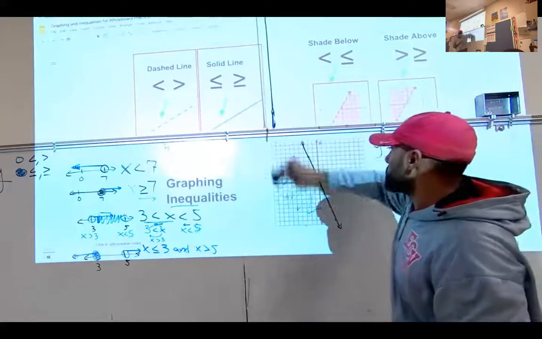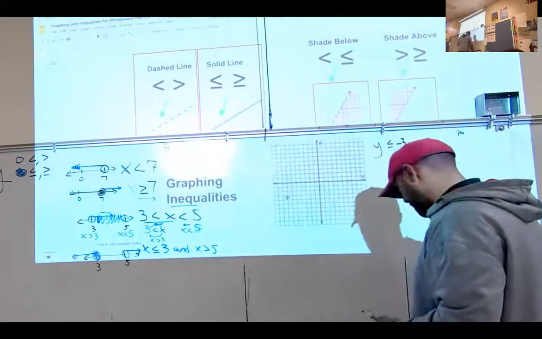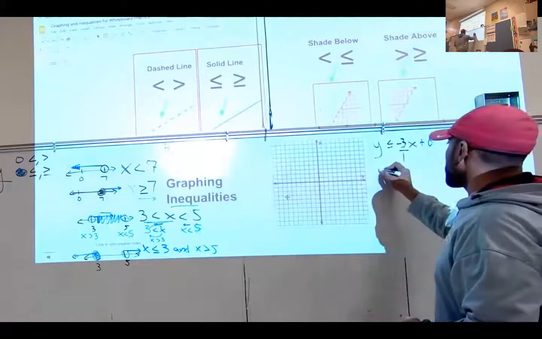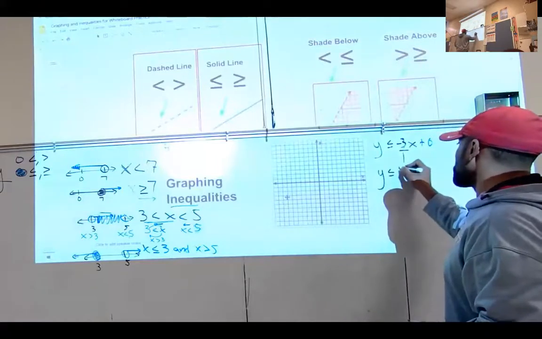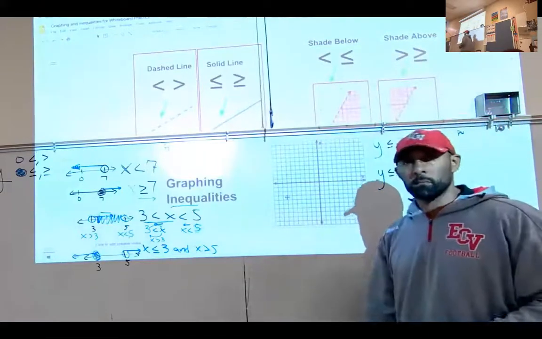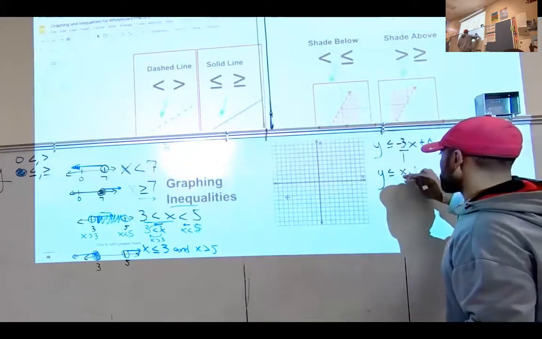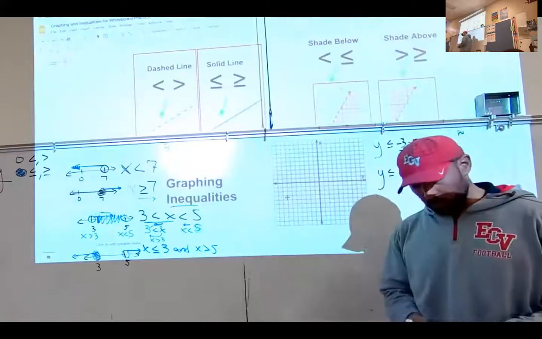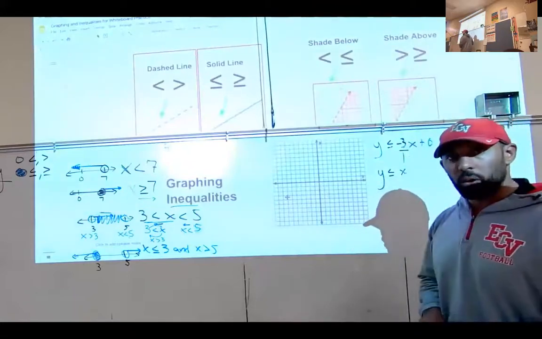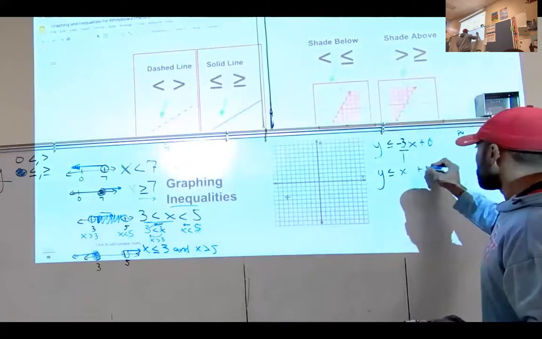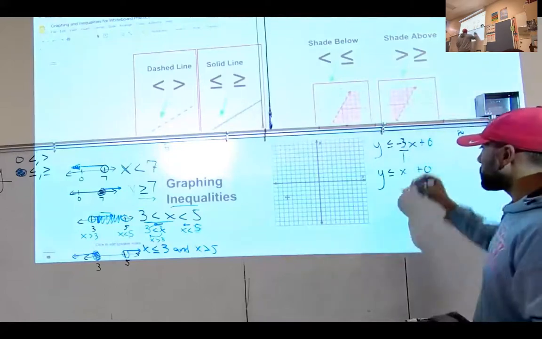All right, let's look at another example. Actually, let's not even go there yet. Let's just say it was y less than or equal to x. Well, it's very similar to that problem. Start at 0, but now your slope is 1.